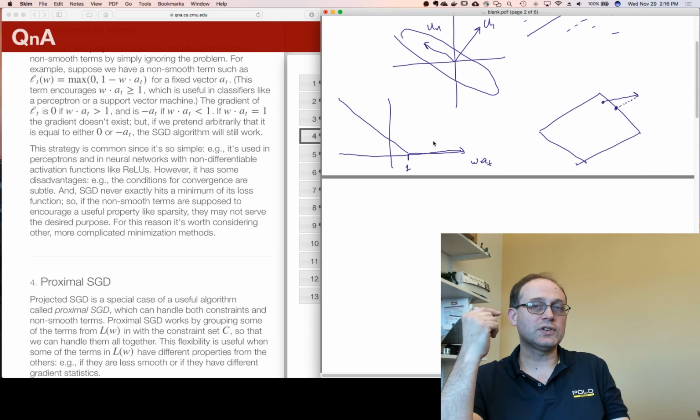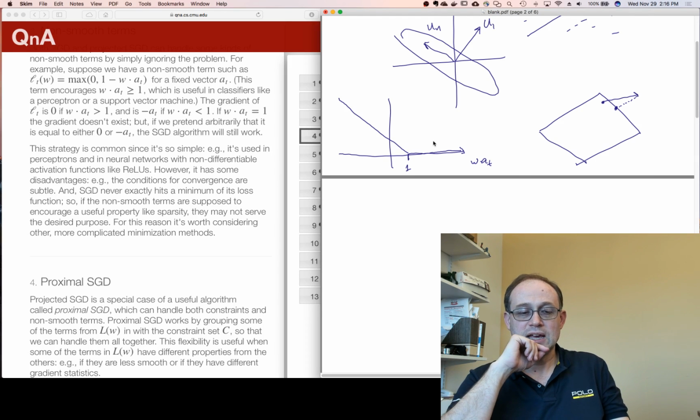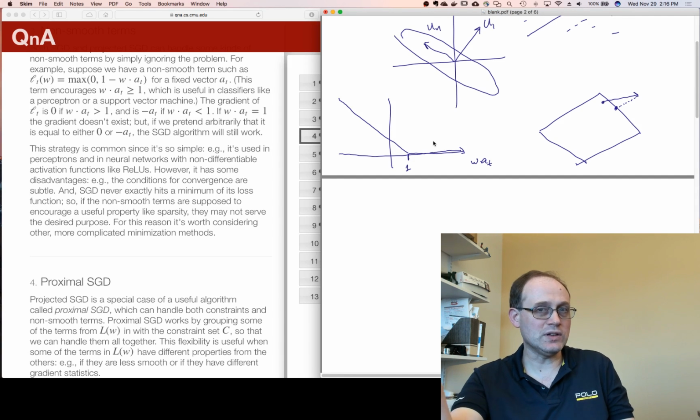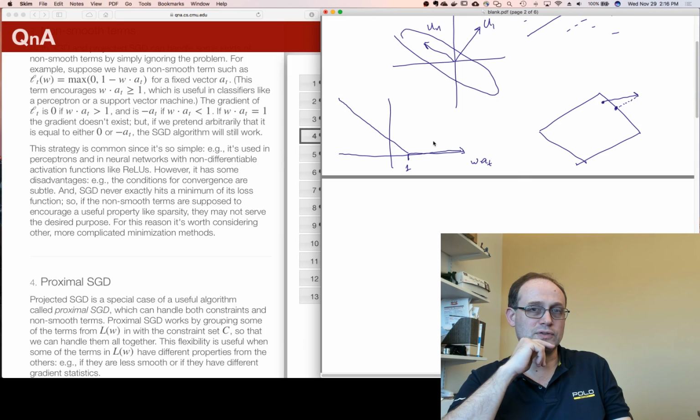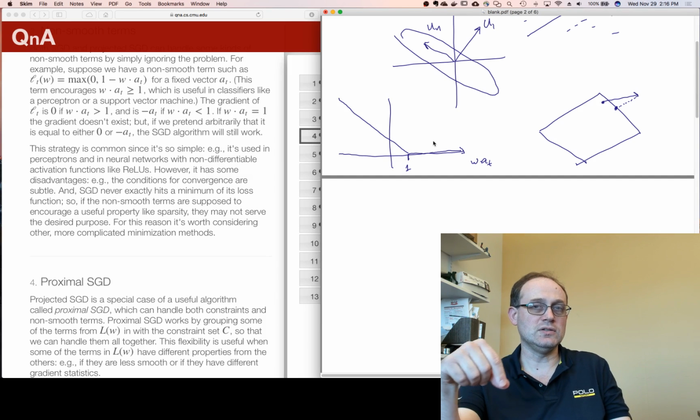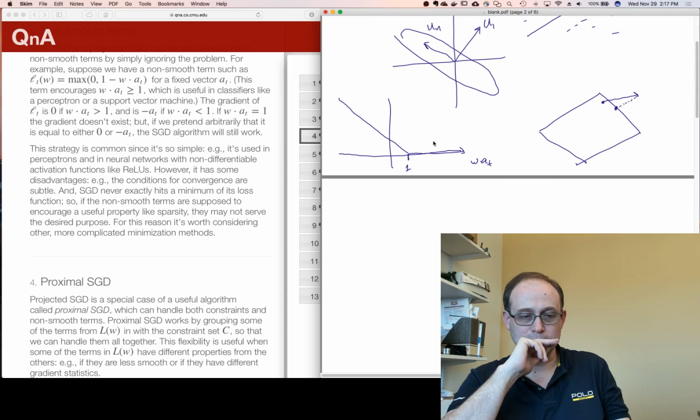However, the conditions for convergence are definitely more subtle than they are for smooth loss functions, and so it's worth thinking twice when you use SGD on a non-differentiable problem, because any problems in convergence could potentially be attributed to the behavior of the loss function around one of these points of non-differentiability.